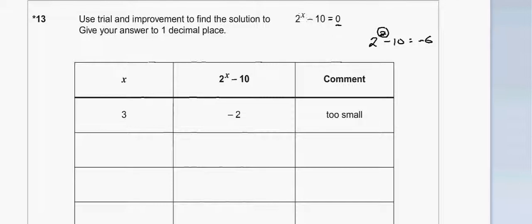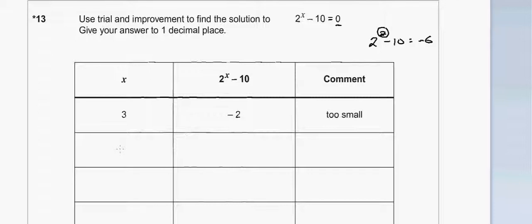Now this x value, we're used to using whole numbers, like 2 to the power of 3, 4, 5, 6, 7. You can have decimal powers. Now they've tried 2 to the power of 3, so that's 2 times 2 times 2, which is 8. 8 minus 10 is minus 2, so this is too small.